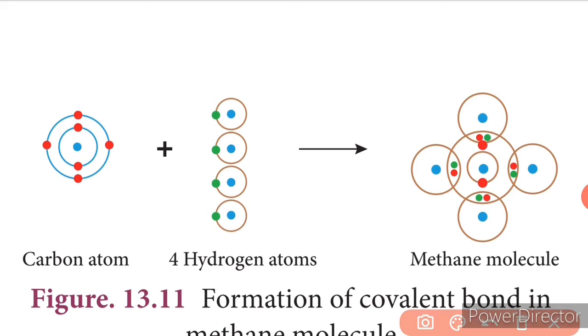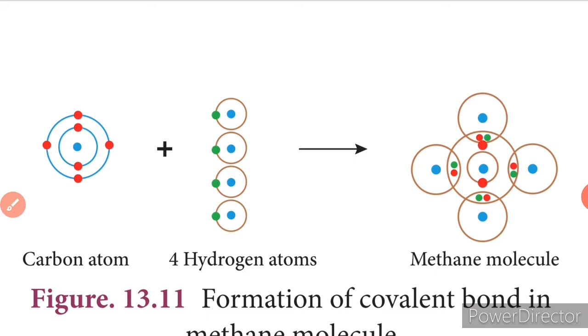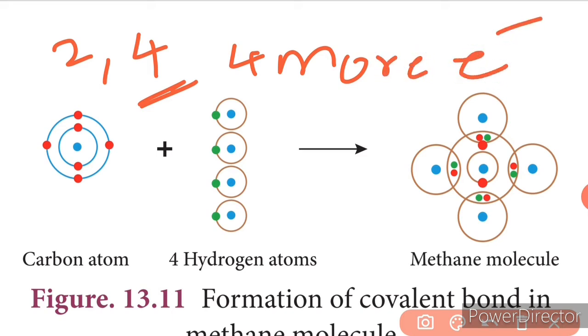Now look into hydrogen. There are 4 hydrogen atoms, and each contains 1 electron in its outermost orbit. Now how is the covalent bond formed between the carbon and hydrogen? The carbon needs 4 electrons. Since the electronic configuration is 2, 4, it needs 4 more electrons to attain the stable electronic configuration.